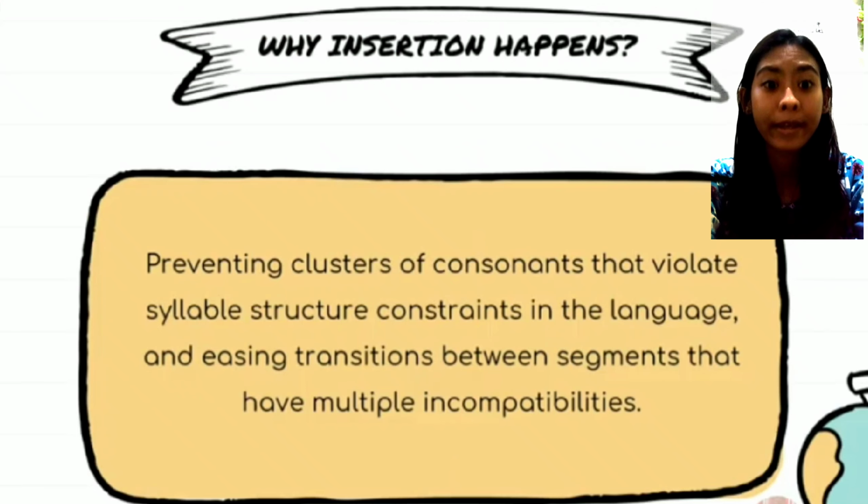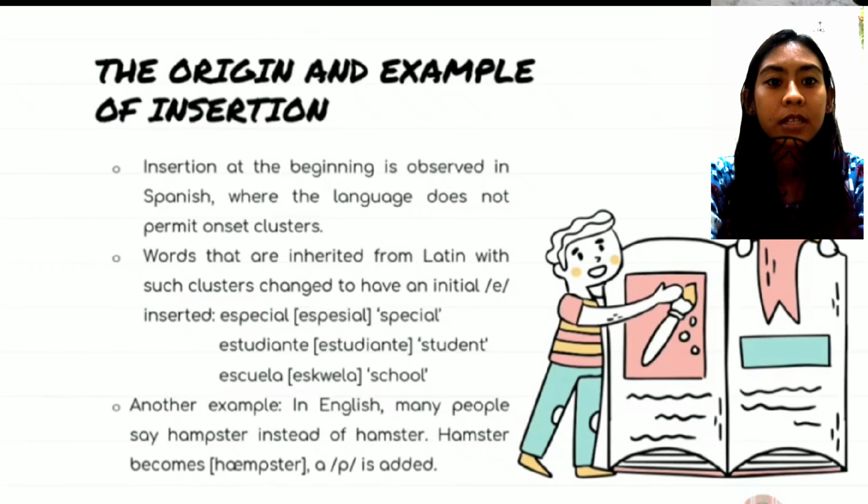Why does insertion happen? It prevents clusters of consonants that violate syllable structure constraints in the language, and eases transition between segments that have multiple incompatibilities. The origin and example of insertion. The first is insertion at the beginning, observed in Spanish, where the language doesn't permit onset clusters.